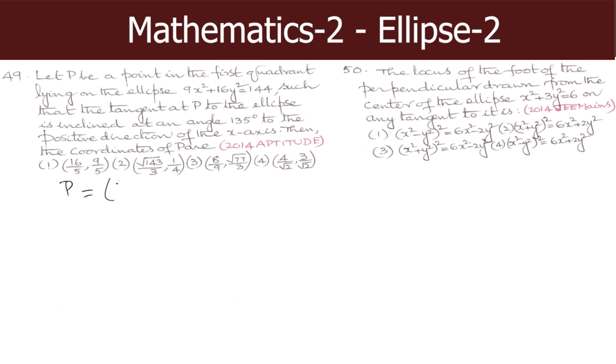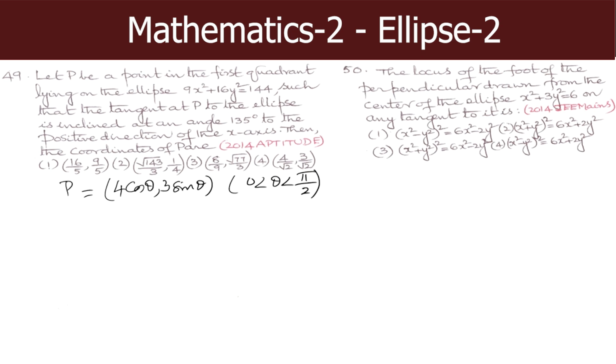So P equals (4 cos theta, 3 sin theta), where theta lies between 0 and pi by 2. The tangent to this is inclined at an angle of 135 degrees to the positive direction of the x axis.